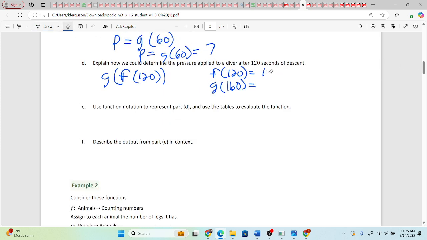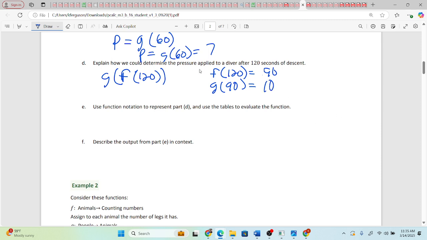So my first function gives me 90 meters, and then I plug the 90 meters into the second chart, and that gives me 10 atmospheres of pressure.